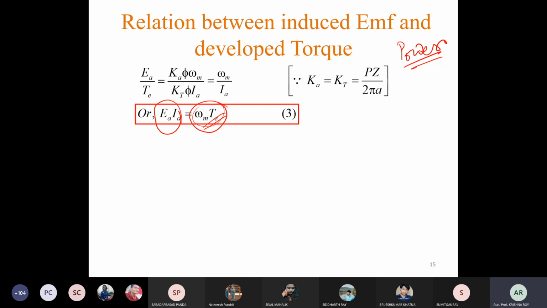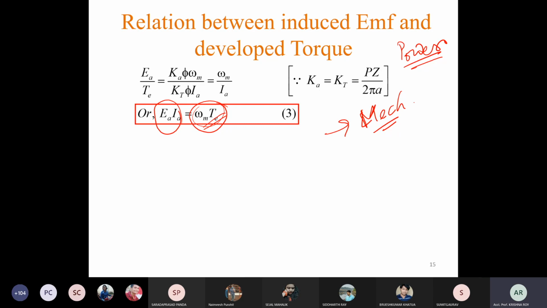First of all, let us consider Ea Ia. In the generating mode of operation, we are giving mechanical energy as input. When we give some mechanical energy, there will be some mechanical opposition like friction between moving parts and some air resistance.